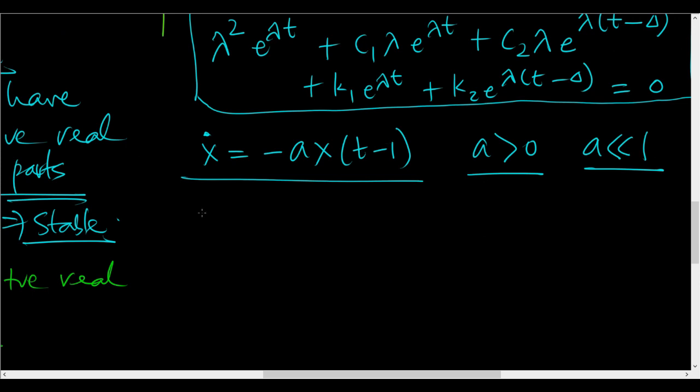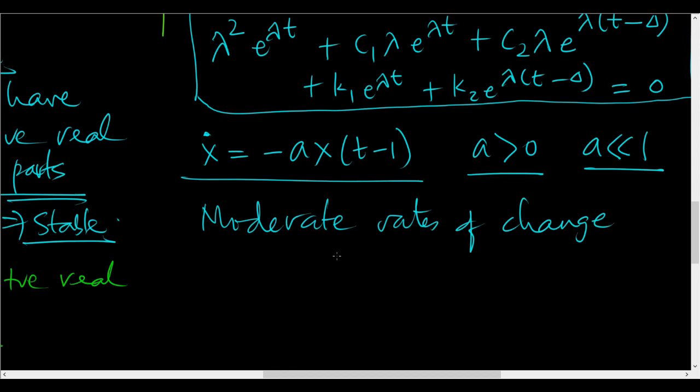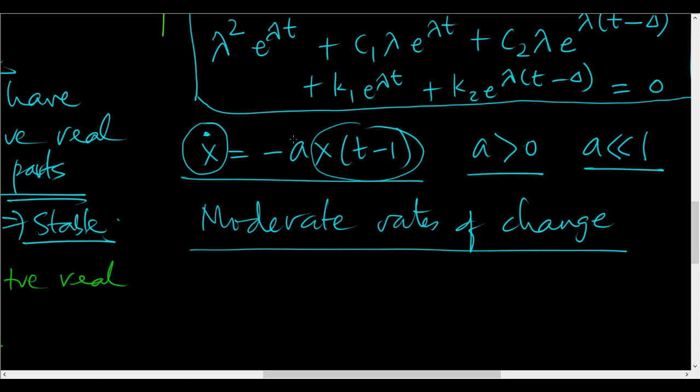Let us think of moderate rates of change. What do I mean? If this is not very big, then x of t minus 1 is not very different from x, and a is small, and this means that x dot is small. So once that happens, x at t minus 1 is not very different from x.